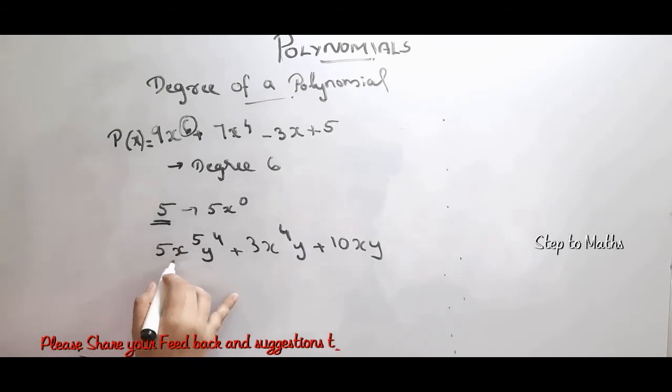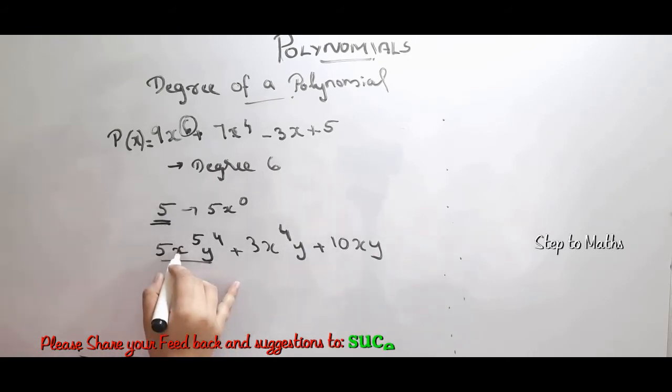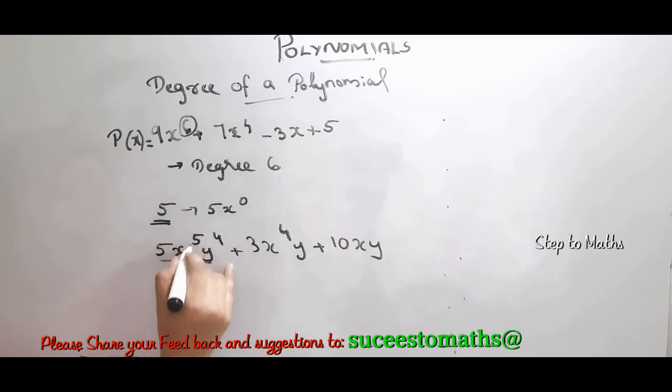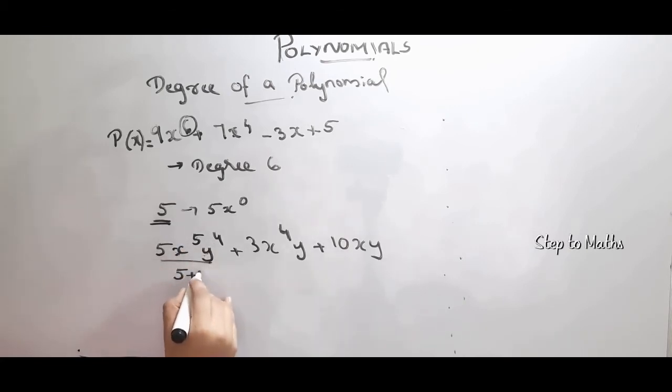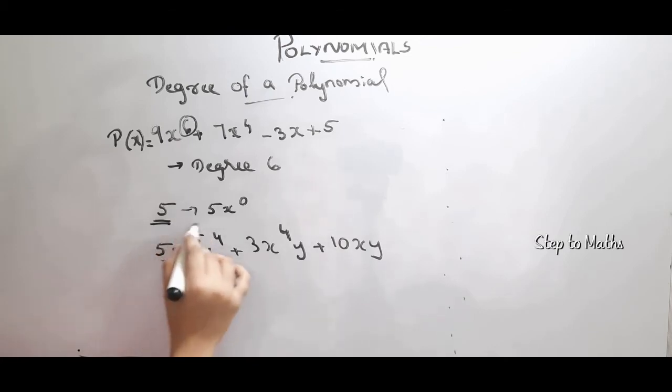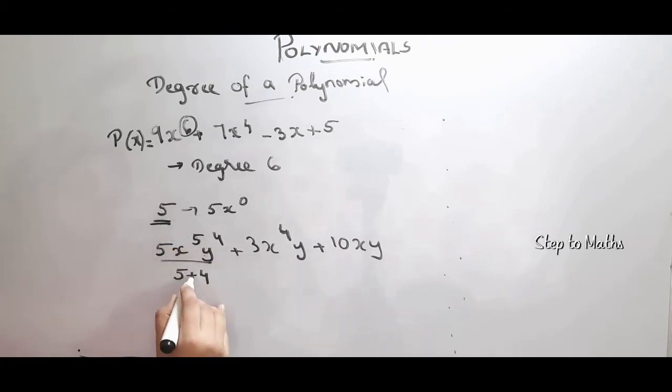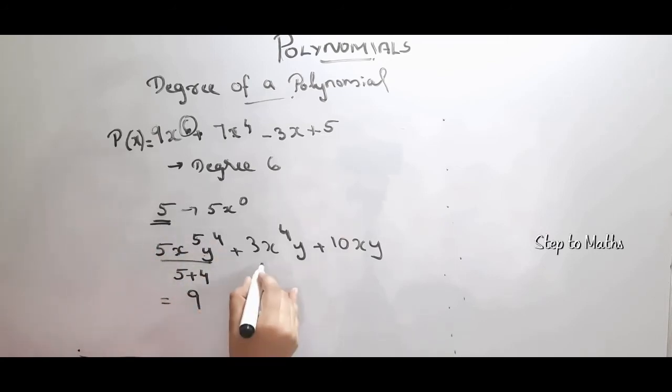Simply consider this term. Here there are two variables x and y, the power of x is 5 and the power of y is 4. And what is the power of this term? 5 plus 4, the sum of the powers, 9. Then consider the next term.